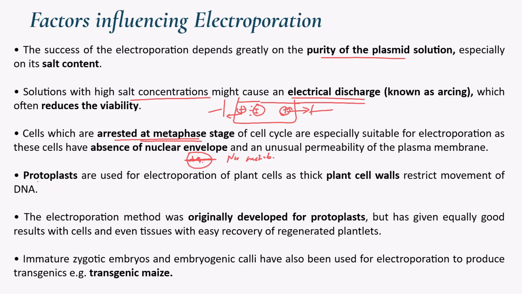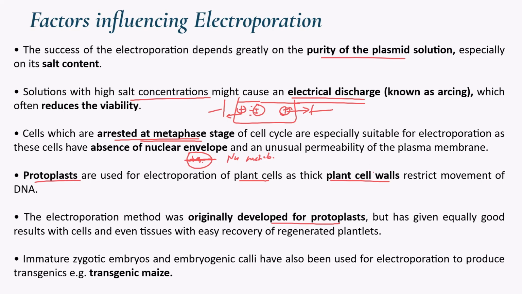Then protoplasts are used for electroporation for plant cells. As we have already discussed, plant cell walls are thick, so they restrict the movement of DNA. Electroporation was originally developed for protoplasts, so it is not suitable for plant cells because they have a cell wall. That's what we are saying.